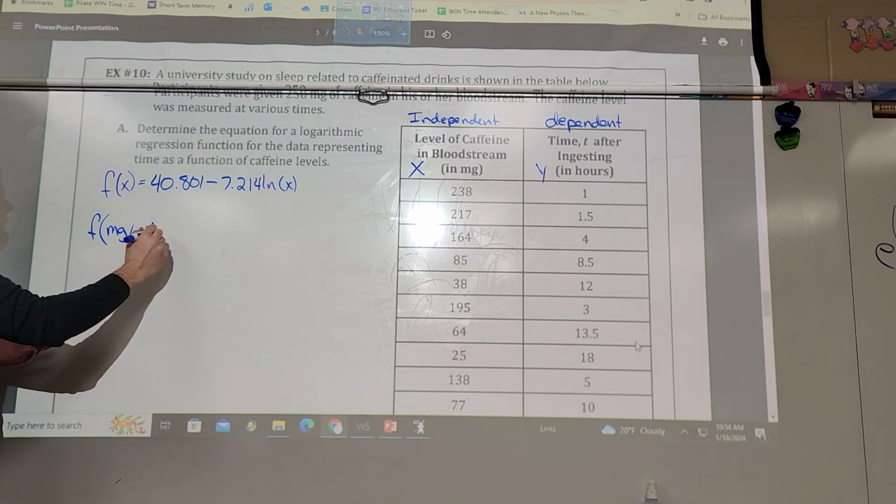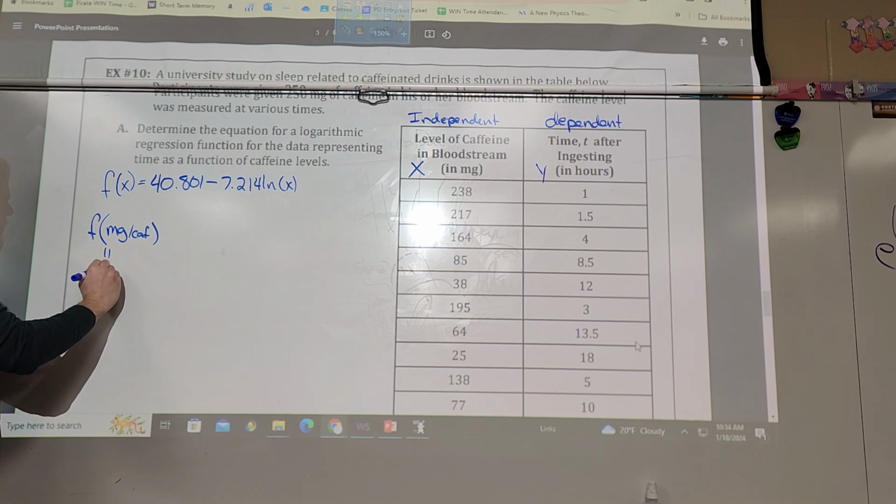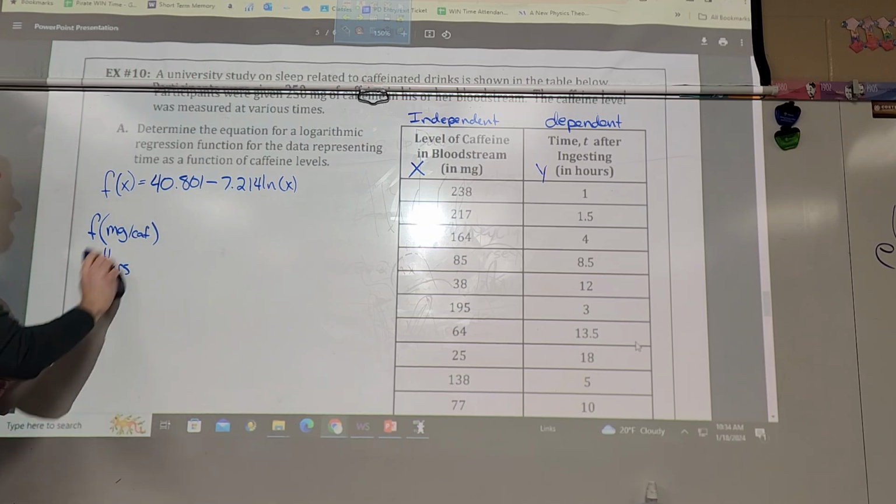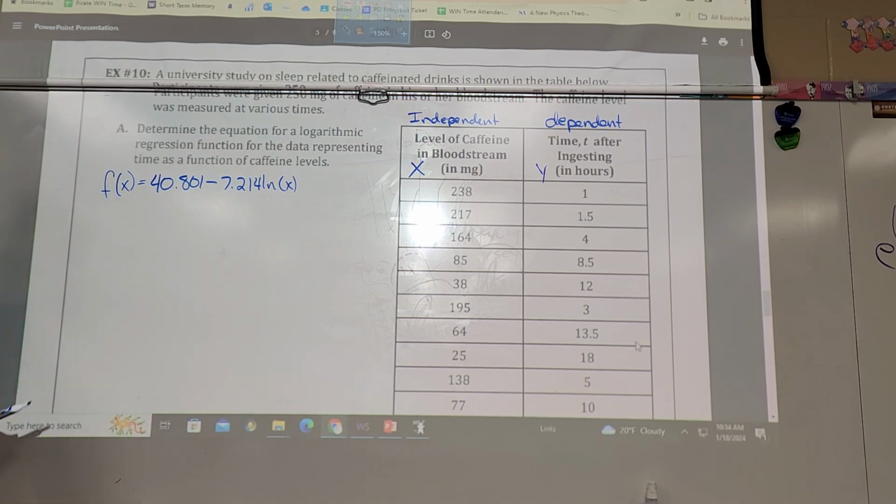I could write hours equals f of my milligrams caffeine. In stats, a lot of times we do just write out the words in the equation because it makes it easier to go back and answer questions on it. By all means, you can do that. Write this equation, though they want a logarithmic regression function, but you can write it somewhere with the words in it.